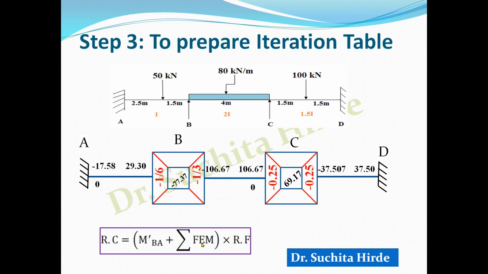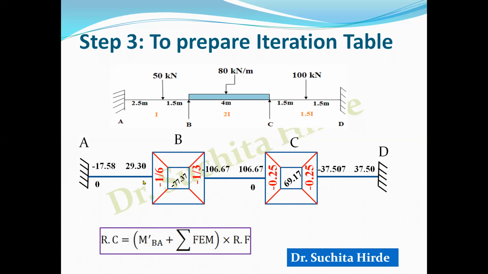Then what is the summation of fixed end moment at this joint? It is minus 77.37. So what we will do? We will add this and multiply it by rotation factor. That means this value plus this value plus this value. To this, multiply by minus 1 by 6 right here, multiply by minus 1 by 3 right here. So what you will get?